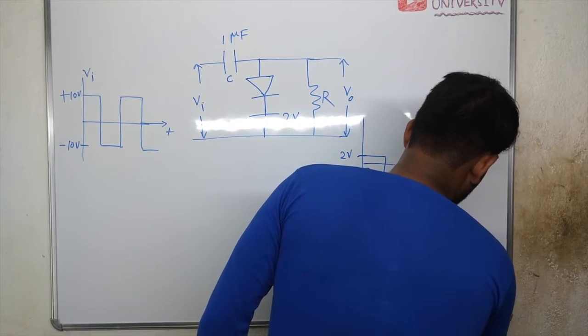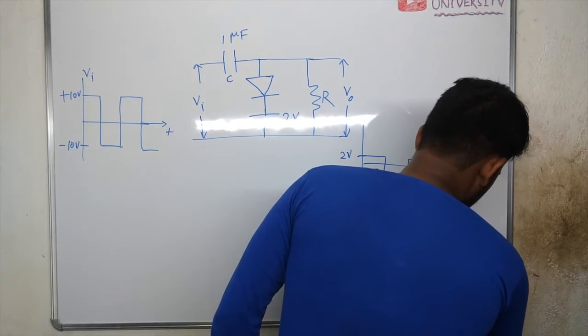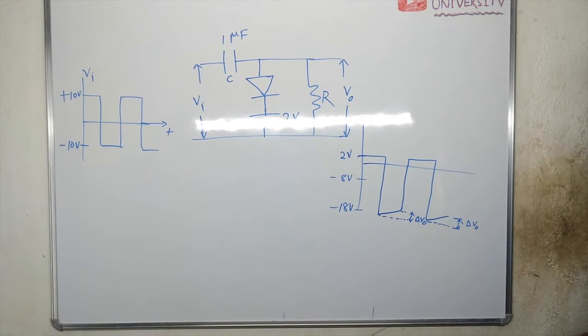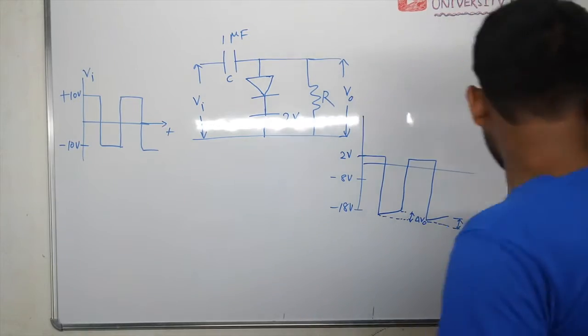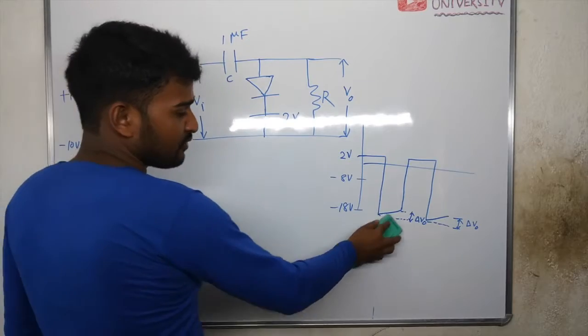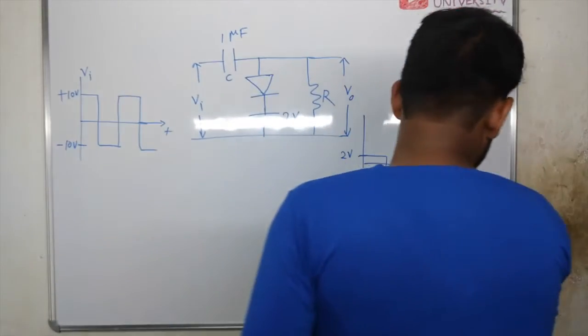This kind of output we can expect from this practical clamper circuit. But in the options, there is no option with a tilt in the output. One option is given like an ideal clamper output.